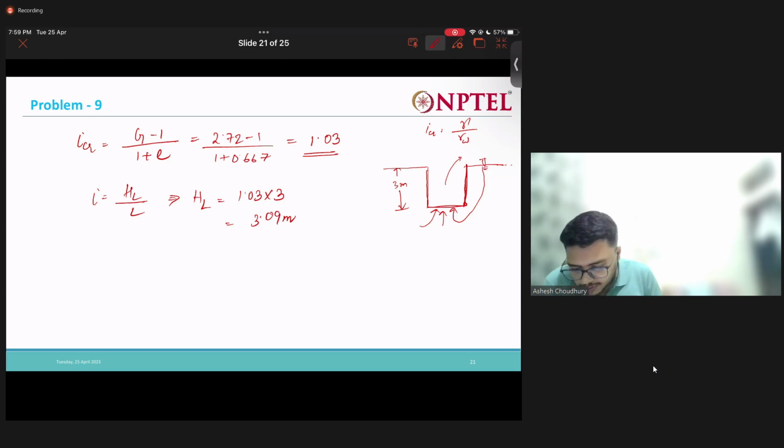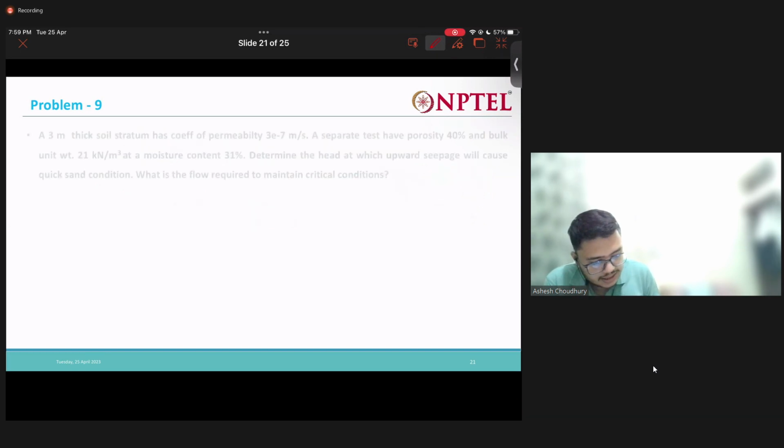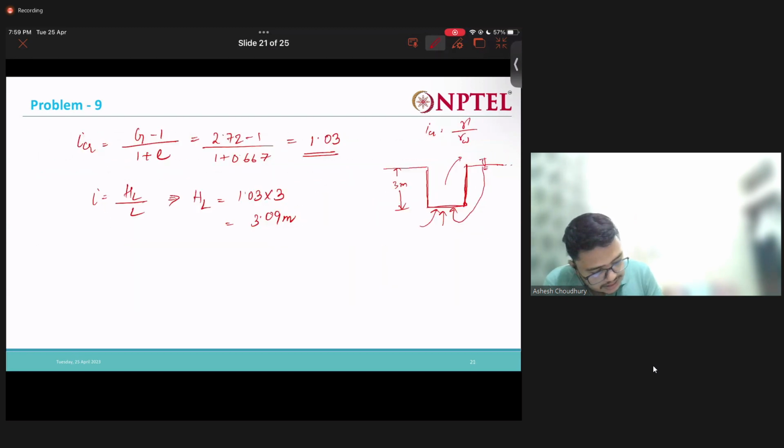Now it is asked what the value of the flow is that will cause this critical hydraulic gradient.